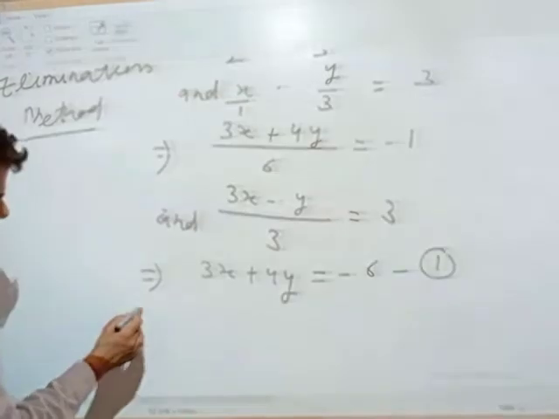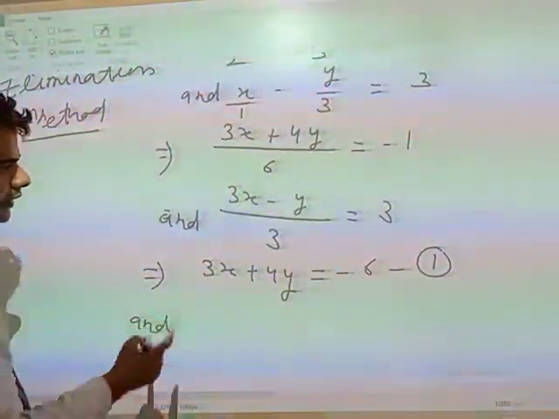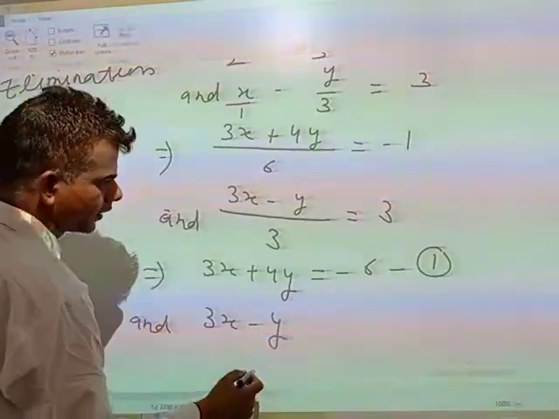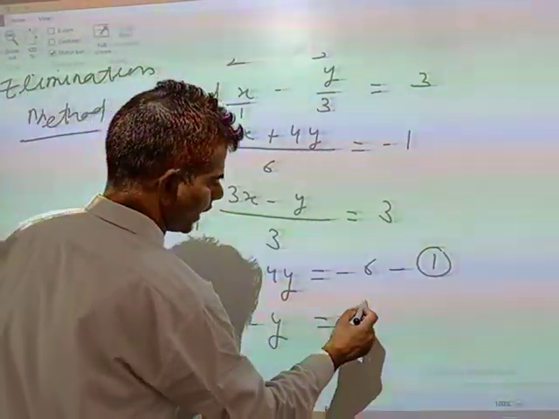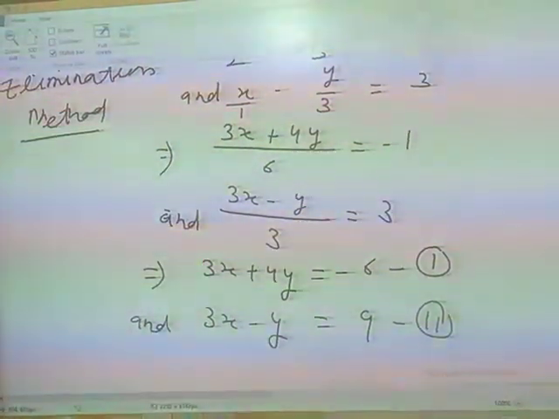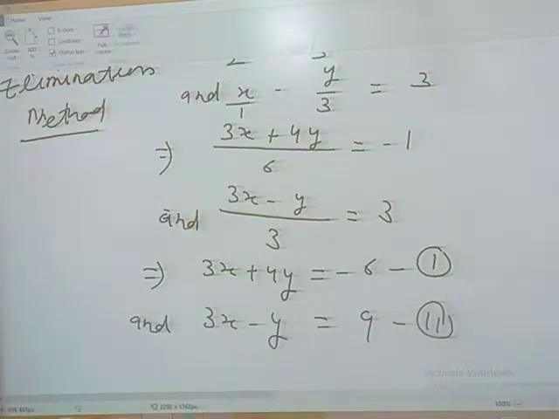And 3x minus y is equal to 9. That is second linear equation in two variables. Student, any doubt, any problems? No. Students, it becomes very easy question for you.